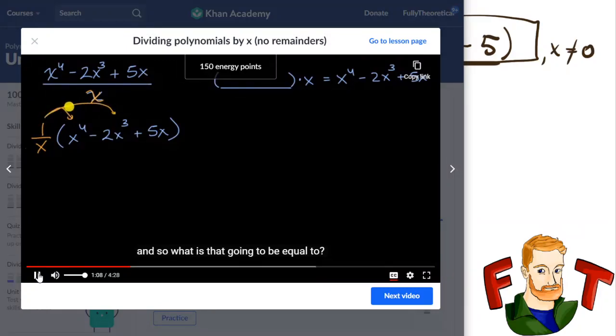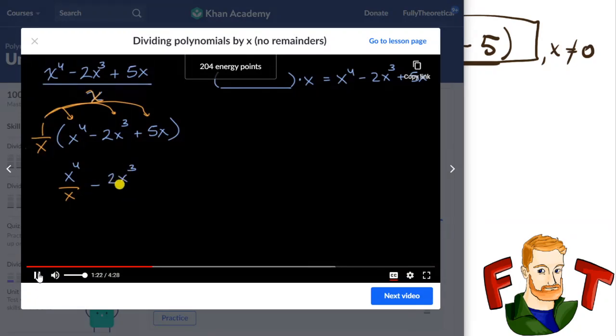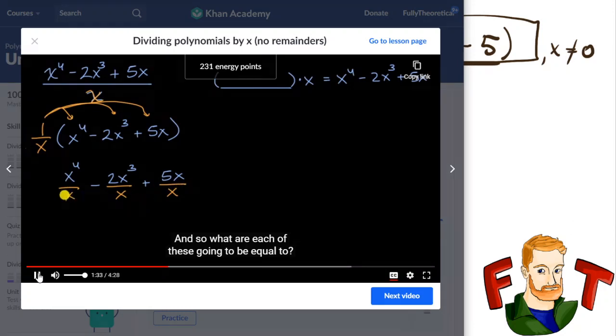And so what is that going to be equal to? It's going to be x to the fourth over x minus 2x to the third over x plus 5x over x.